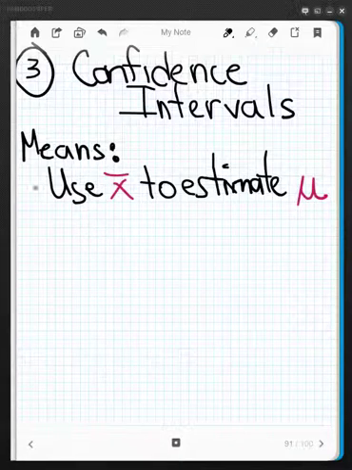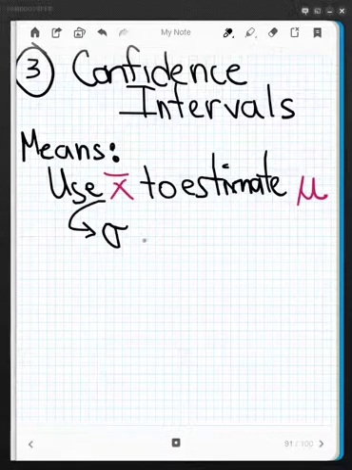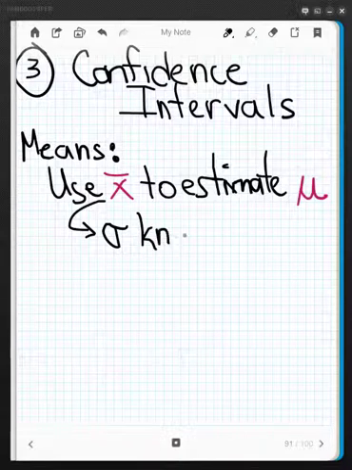So if we're doing that, then we can know one of two things. We have X bars and we may know sigma. Sigma is known, that is the population standard deviation.